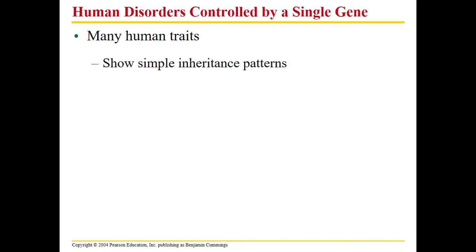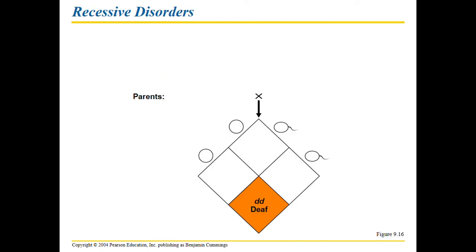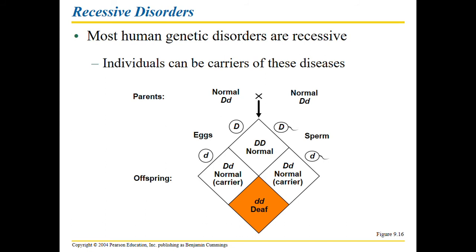There are several disorders that are caused by just a single gene, so one protein in its code. So we'll look at some examples of those. Most disorders are recessive. Generally, if you have one mutated gene, that's okay, because as long as you have one that's functioning, you won't have that disorder.